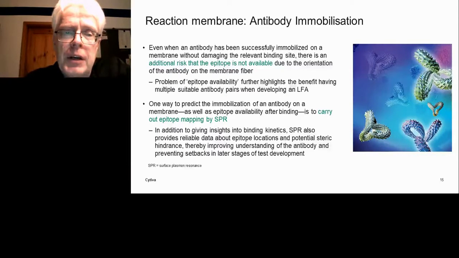And our recommendation is you should do epitope mapping using surface plasmon resonance to make sure that your antibodies are doing what you want them to do without interfering with each other. It can also give you reliable data about on and off rates, and you could also test for inconsistencies from batch to batch, and you can test for lack of compatibility with the use of specific reagents.